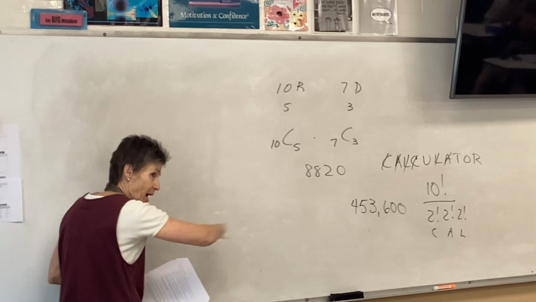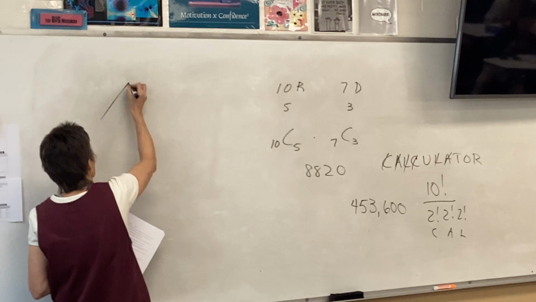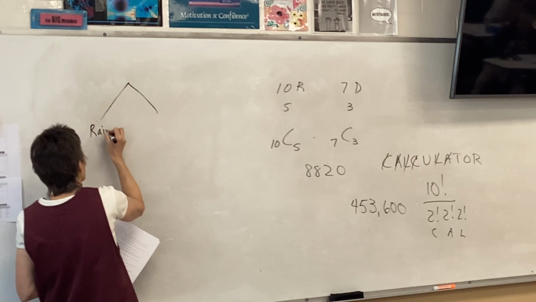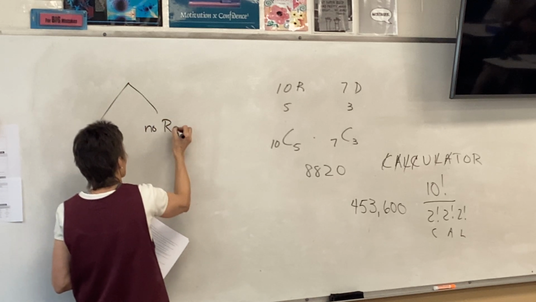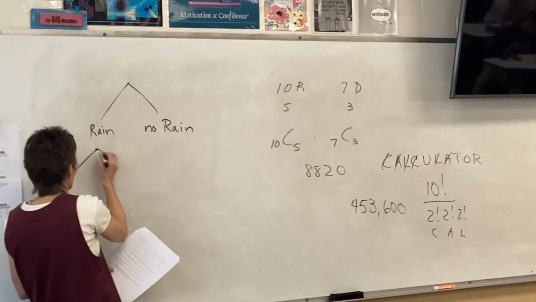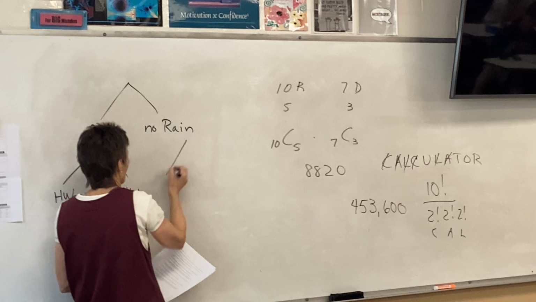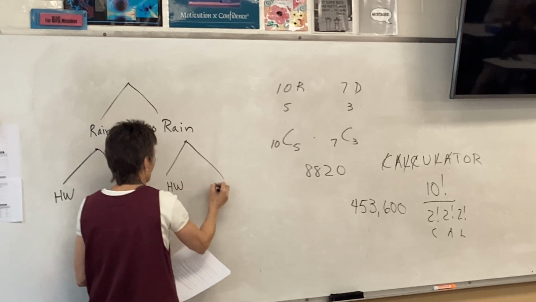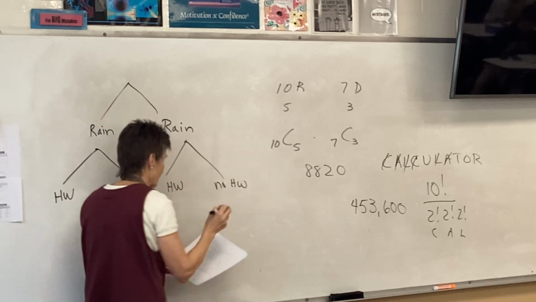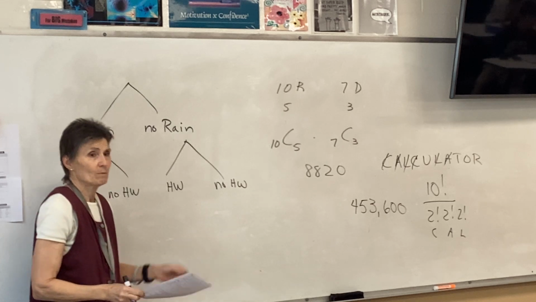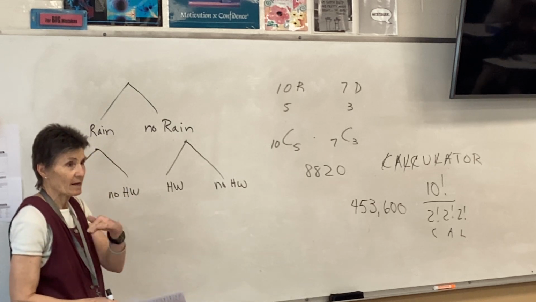We know that's the bottom level. So we're going to start with rain and no rain. And then we'll have to do homework and no homework. Is everyone all right with the way that I started that?